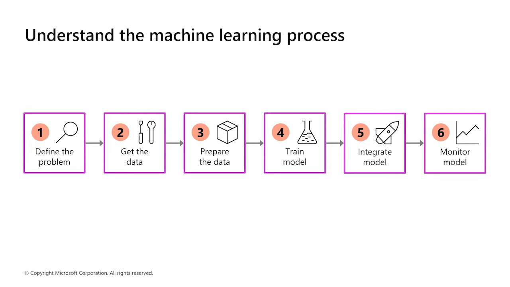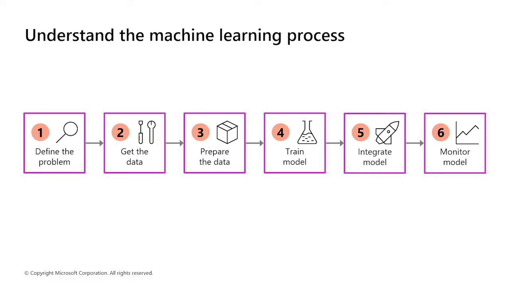As a general overview of this process, we start with defining the problem. We need to decide on what the model should predict and what the criteria is for it to be considered successful. We need to get the data. Where is the data stored and how do we get access to it? We need to prepare the data for model training. We discussed this previously. We need to clean and transform the data and have it ready for model training.